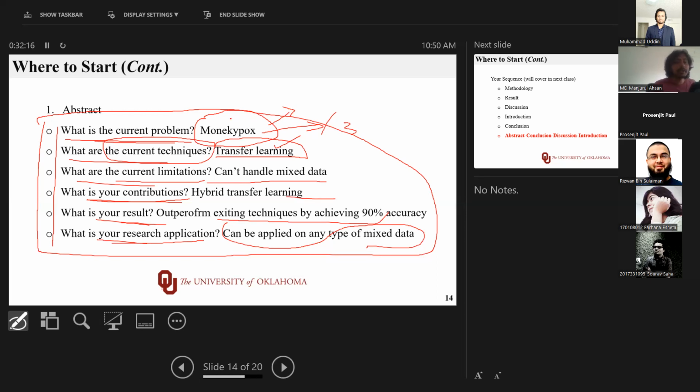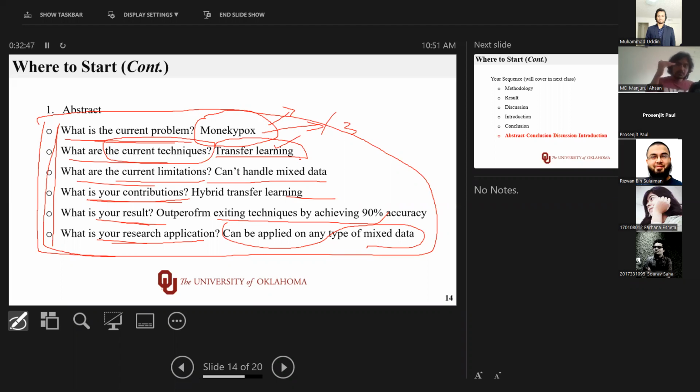So whenever you write your abstract, you should follow this template very clearly. In every class you will slowly learn something, but you have to remember that the abstract should always have this kind of structure. The second point is that the abstract will not be the same for all journals.